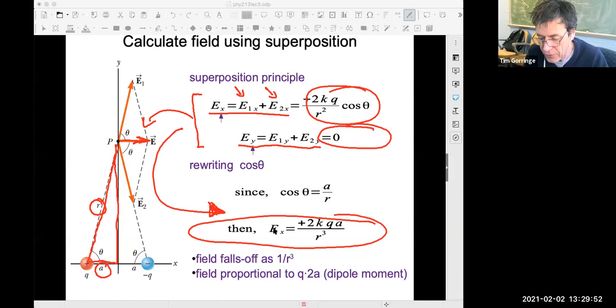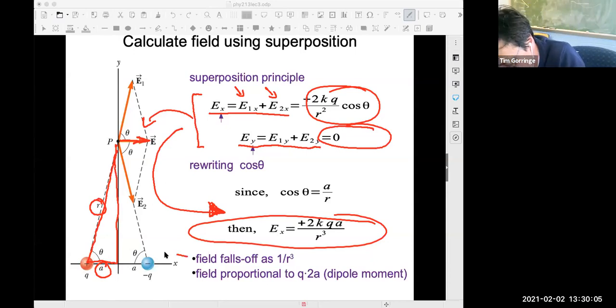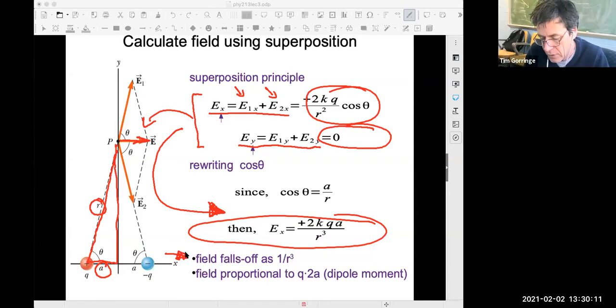And that's because the fields of the positive charge and the negative charge are partially canceling one another. And what survives, what is left, is a field that goes as 1 over r cubed. So this is a really important point that applies to all electric dipole fields. Those fields fall off not as the square of the distance, like the field falls off from a single negative or positive point charge, but it falls off as the cube of the distance, as 1 over r cubed.